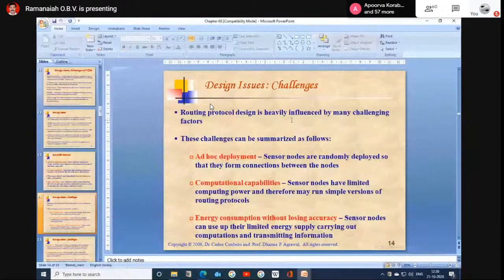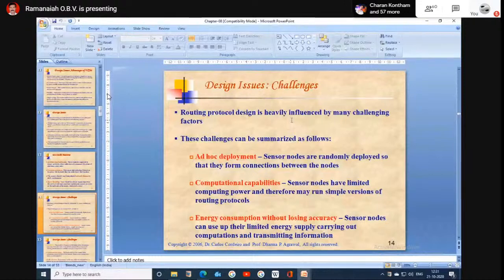Because of these challenges, it is deployed in an ad hoc manner. What is the challenge here? Ad hoc deployment. They should form a network. Spontaneous network forming is a challenge. Why is it not a challenge in conventional networks? There is some infrastructure, a concept called client-server. The server is responsible for maintaining the topology for all the connections.